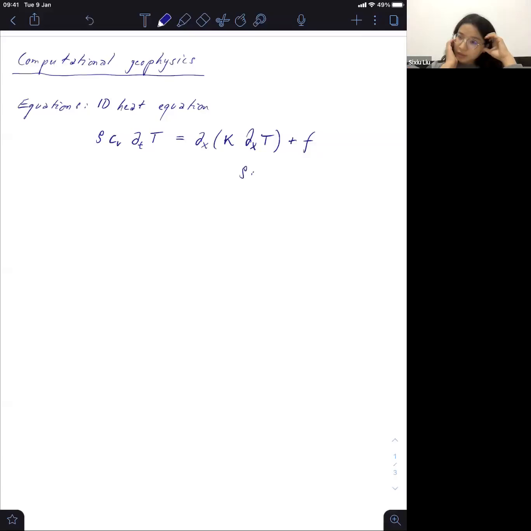Professor, I have a question here. I'm wondering, when we say that the medium is homogeneous, does it mean that the conductivity does not change via x? Here it is allowed to change.